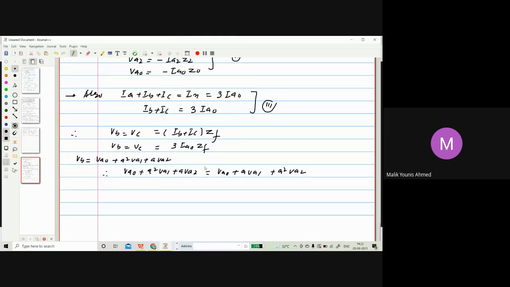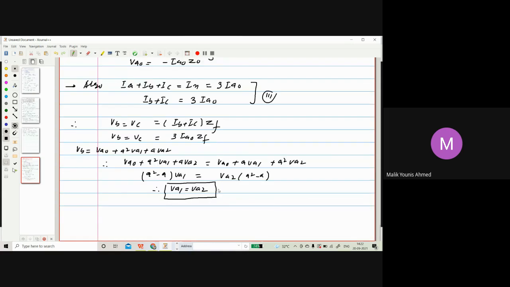So out of this you will get VA1 times (A square minus A) equals VA2 times (A square minus A), and this cancels. Therefore VA1 will be equal to VA2. That means in case of double line to ground fault with fault impedance ZF, positive and negative sequence voltages are the same. Let us call it equation number 4. Okay. Next is using the relationship.